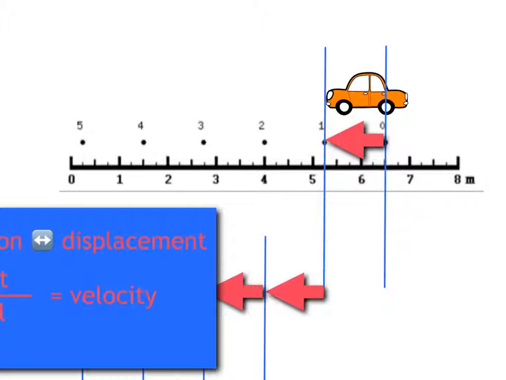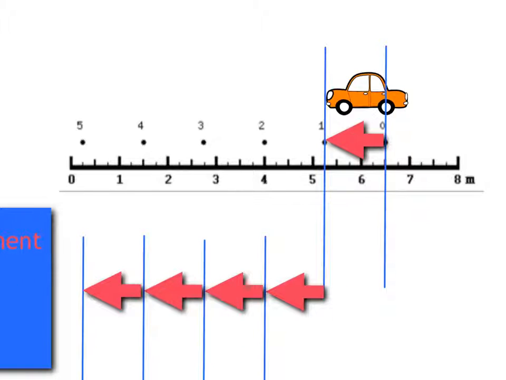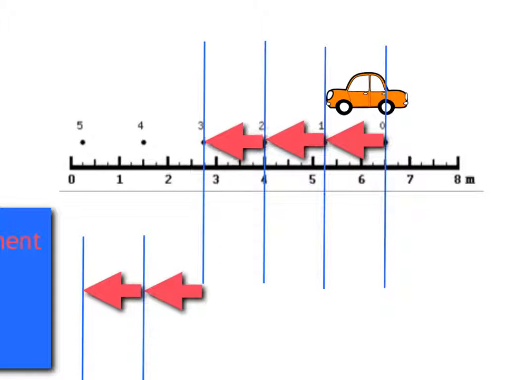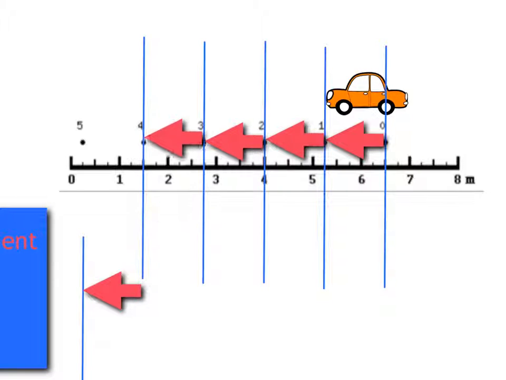Now if we look at the time interval from 1 to 2 seconds, we can see that the displacement is once again 1, 2, 3, 4, that's 1 meter and 1.25 meters to the left once again. Then we go from 2 to 3 seconds. Sure enough, same displacement. 3 to 4 seconds, looking good.